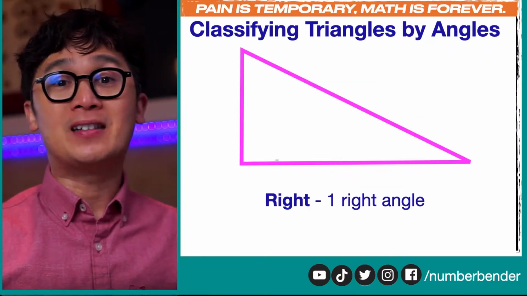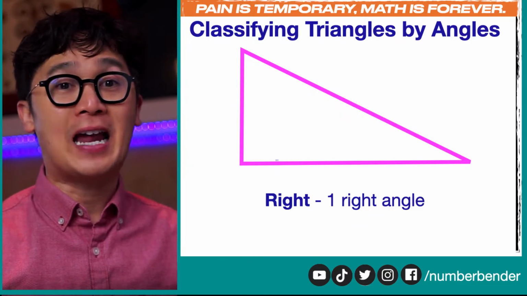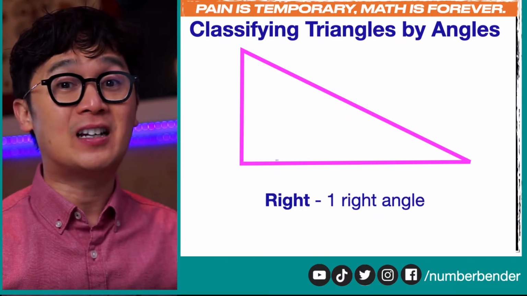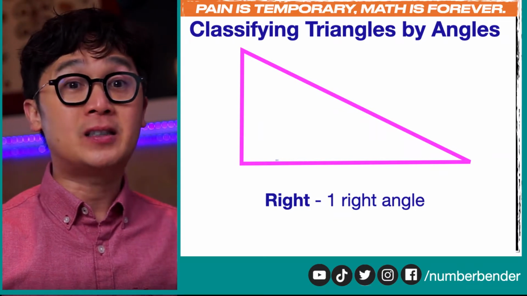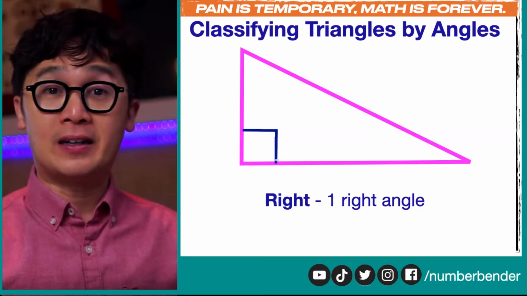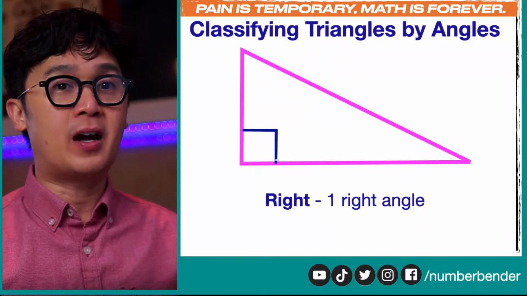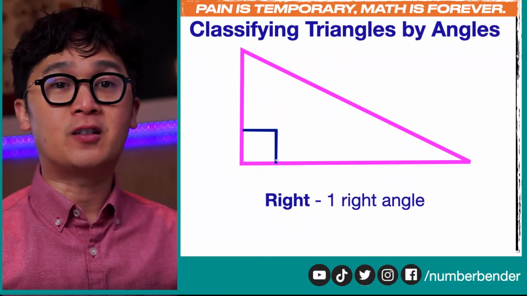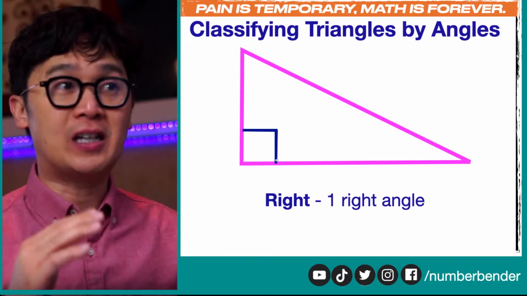Next one is the right triangle, and in this particular case, we cannot classify this yet as a right triangle because we need to show a right angle symbol in our triangle. Without the symbol, we really cannot verify if our triangle is indeed right or equiangular, just like what we have seen.